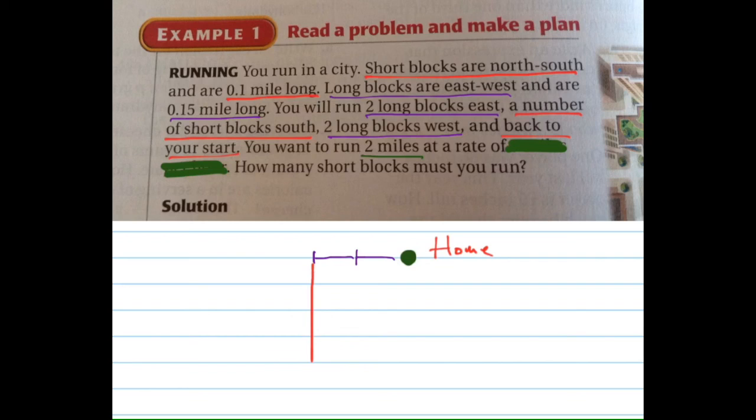Now, since we don't know how many blocks that is, what do you want to label it? We already said we need a variable. What variable do you want to use? Yes? We can use M for miles. M for miles. Okay. As in like Miles Davis? No? Okay. Then it says we run 2 blocks west.